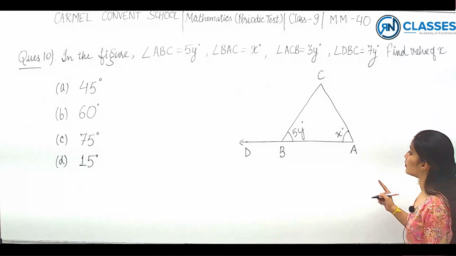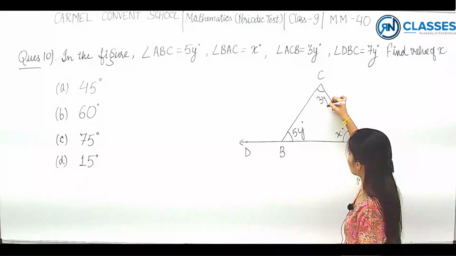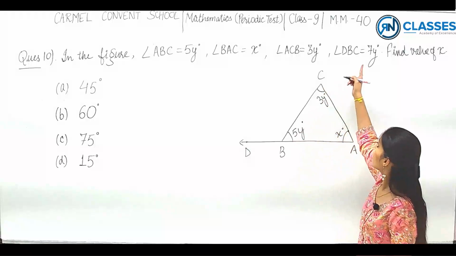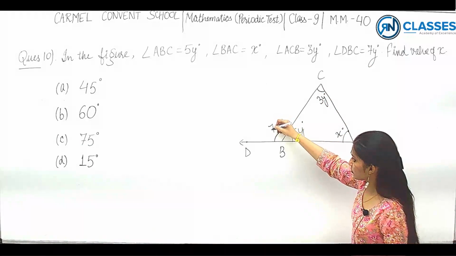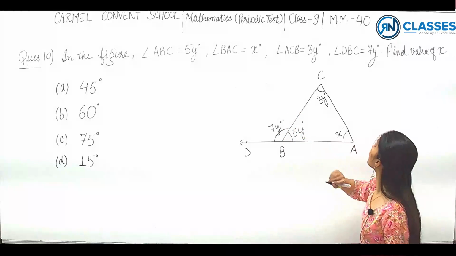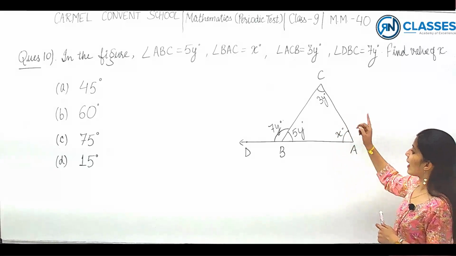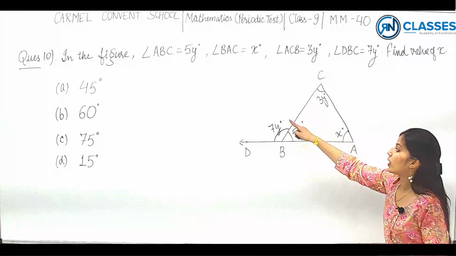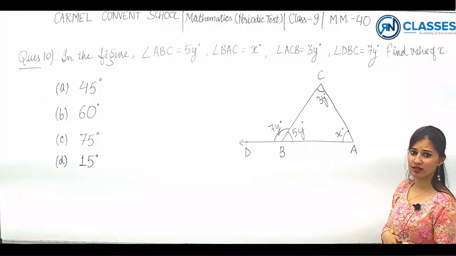Angle ACB is 3y degree, and angle DBC is 7y degree. Find value of x. The value of x will come if we have the value of y. So can we find y from this figure?